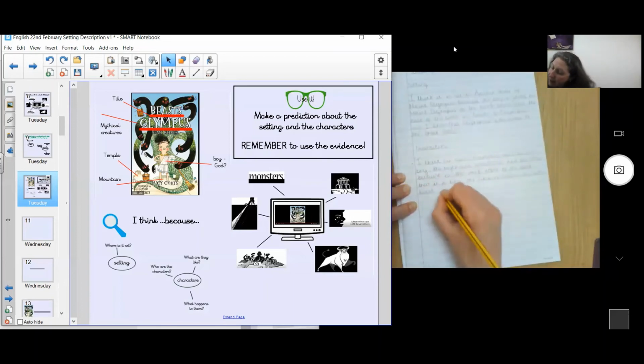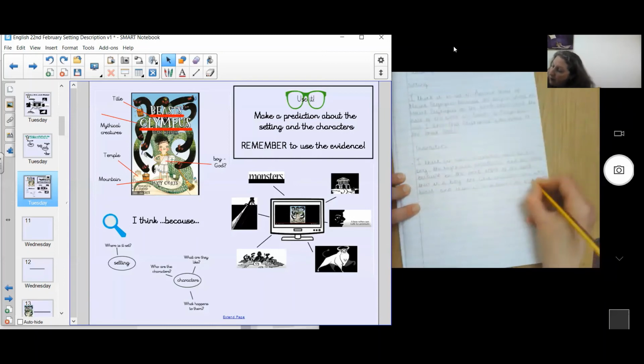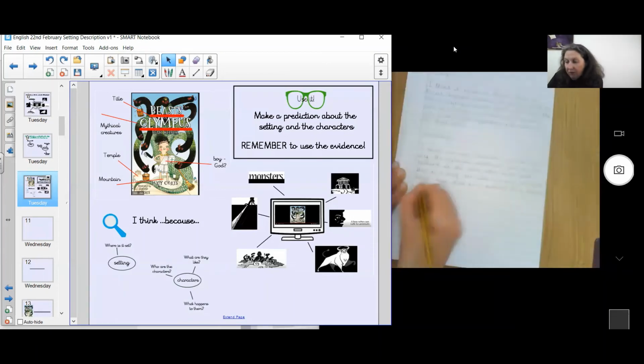And there is a picture of. Okay, so that is sort of saying who I think the characters are.